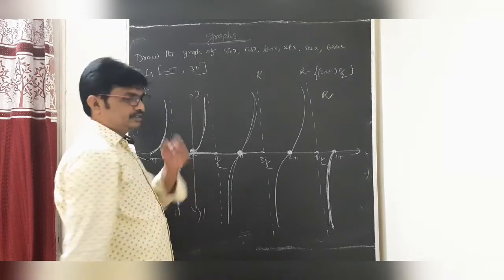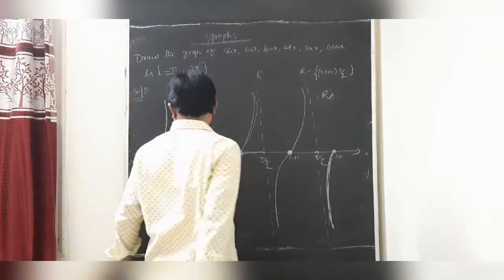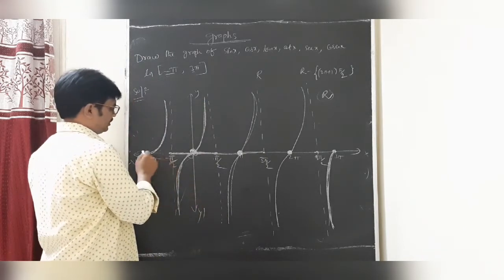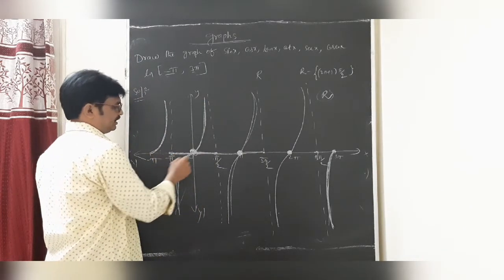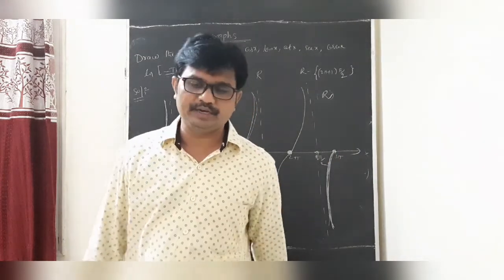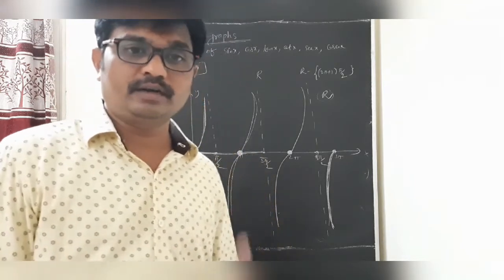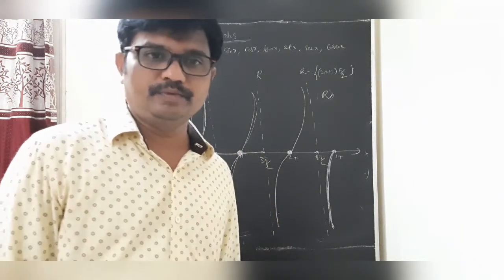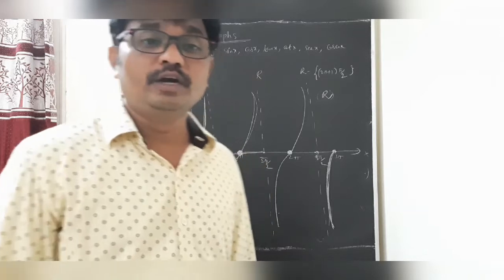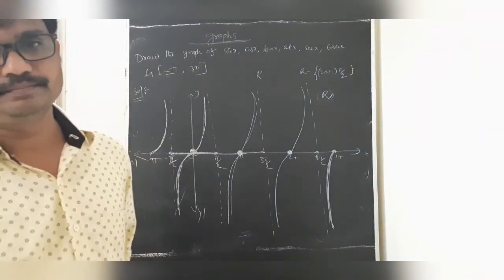On the x-axis, minus 90, 90, π/2, 5π/2, 7π/2, odd multiples of 90 are undefined. So tan x is undefined for odd multiples of 90. That means the domain is R minus (2n+1)π/2, and the range is R. Okay, students?